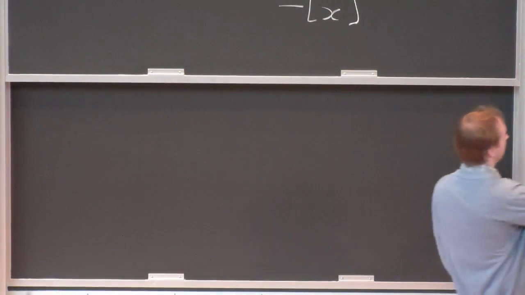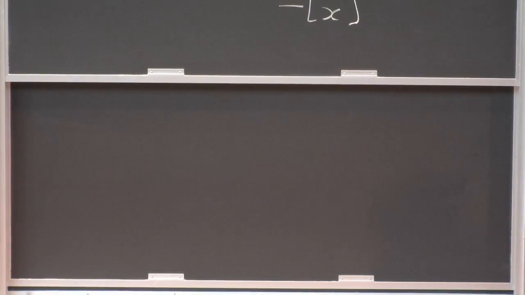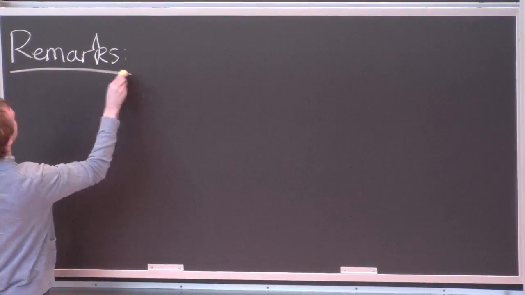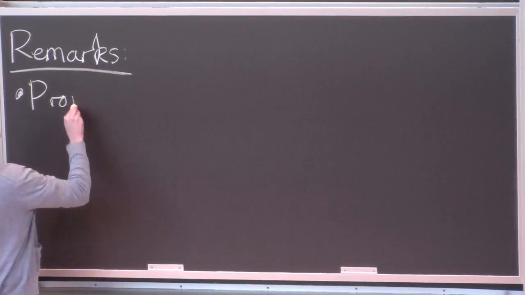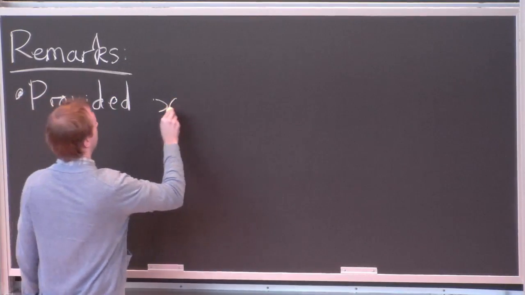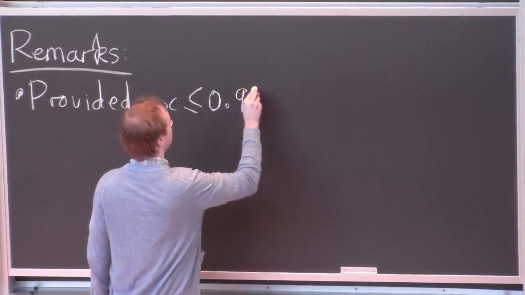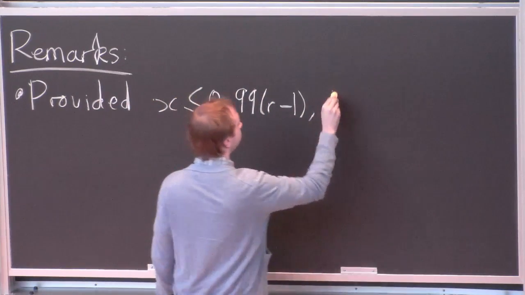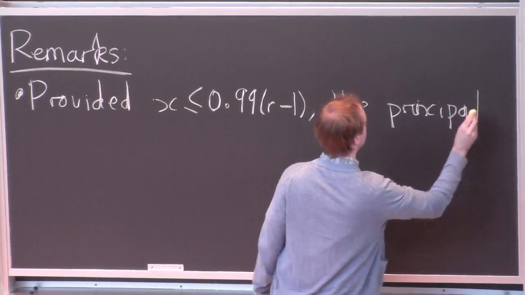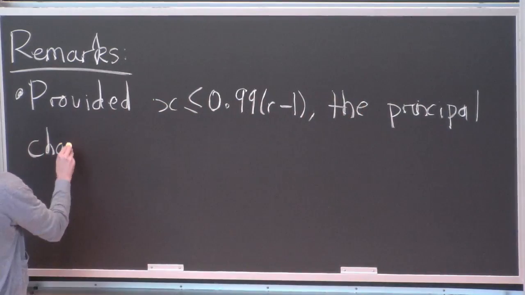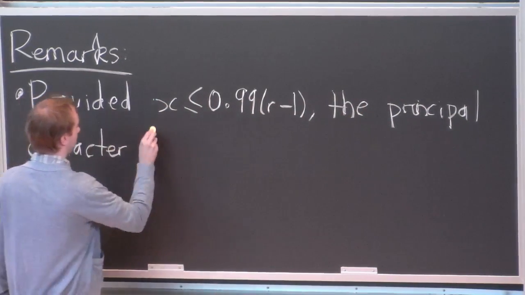Right, so I'll make two remarks about this. So first of all, I had the principal character in the sum. I needed that to get the perfect orthogonality. But unless x is really big, it doesn't matter really whether the principal character is there or not. So provided x is smaller than, let's say, 0.99 r minus 1, the principal character doesn't dominate.